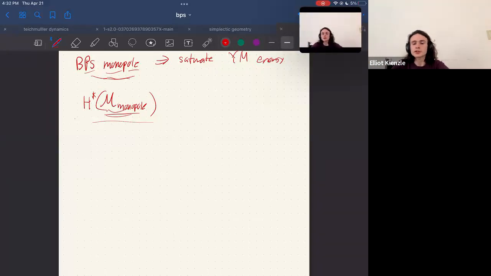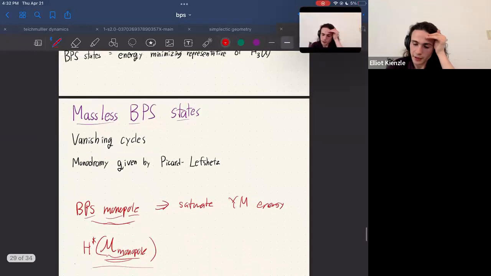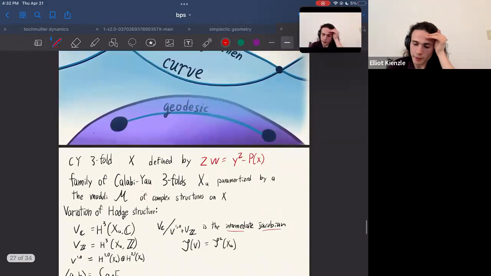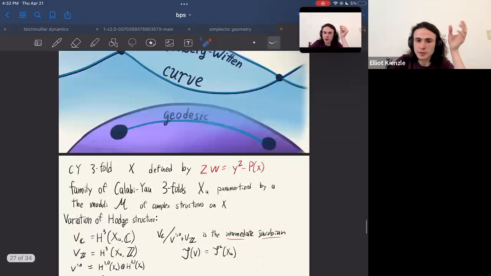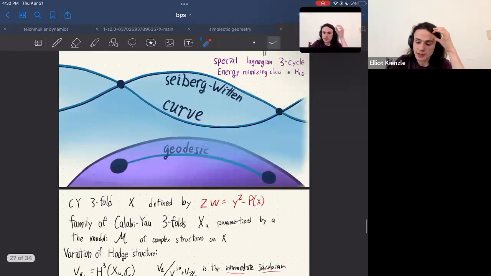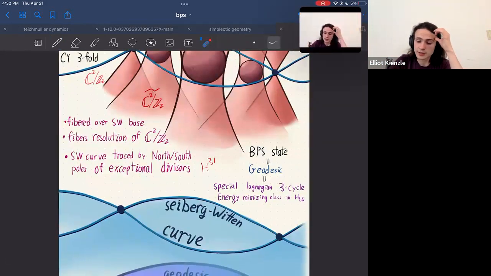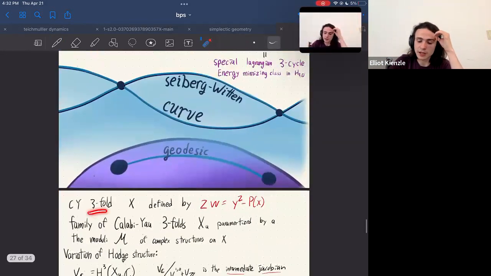I did have a question for the experienced people in the audience. I'm trying to fit everything to this big square hole of variations of Hodge structure. But basically, the only times BPS states came about is in the dimension 1 case with these Seiberg-Witten curves, and in the dimension 3 case with these Calabi-Yau threefolds.